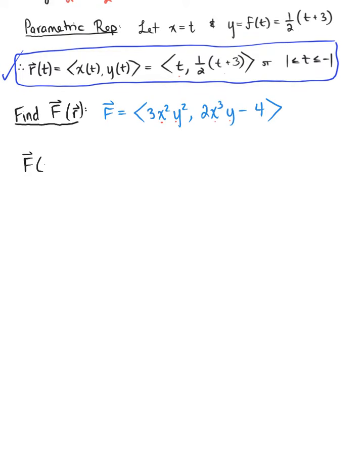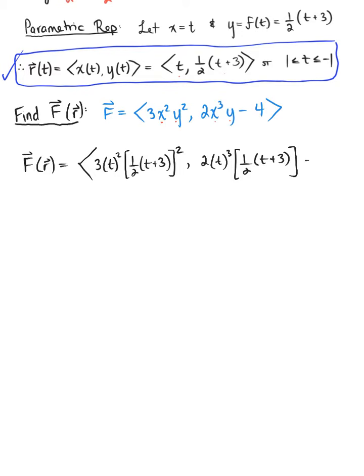So the parameterized vector field will now be defined as 3 multiplied by t squared multiplied by 1/2 times t plus 3, and that's all squared. Then we have 2 multiplied by t cubed multiplied by 1/2 times t plus 3 minus 4.